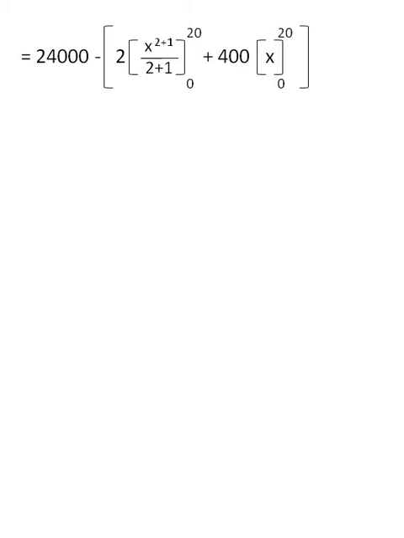24,000 minus brackets. So 2 we have already written. Here we apply the first basic rule of integration: x to the power n + 1, so x to the power 2 + 1 by 2 + 1, from 0 to 20. Those are the limits. Plus 400x from 0 to 20.